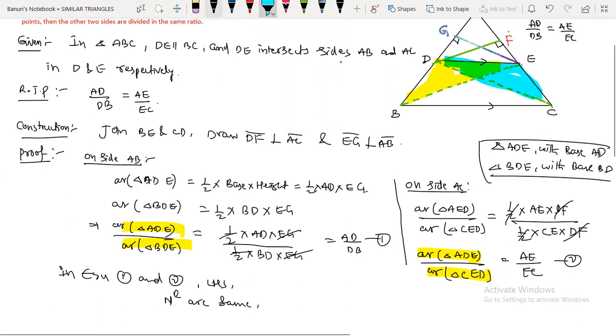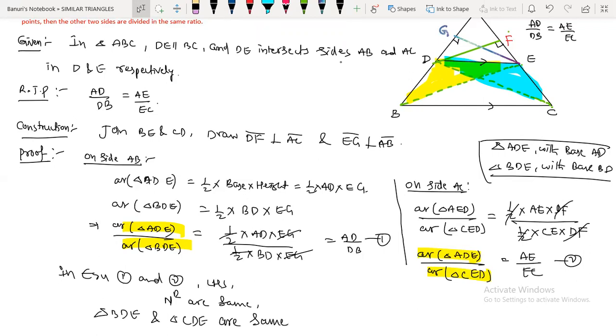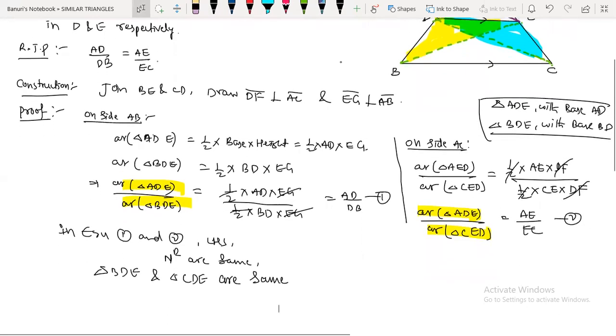So those are on the same base. Triangle BDE and triangle CDE are on the same base and between the same parallels. So they are equal in area.